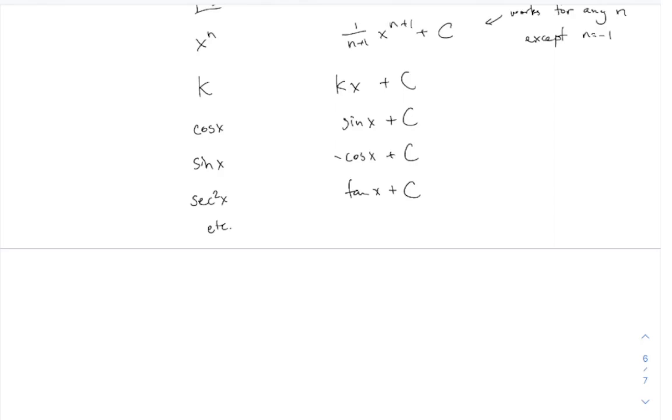All right? So every derivative formula, like from those weird other trig functions that nobody really remembers, can be rewritten as an antiderivative formula.